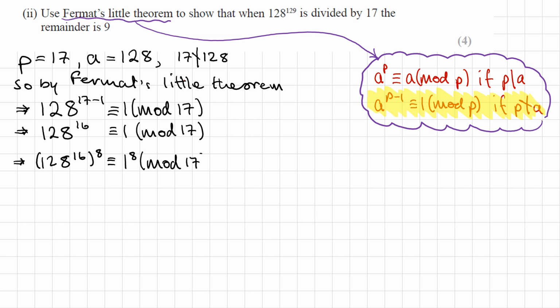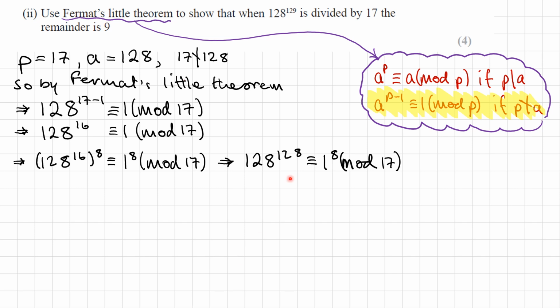So both sides are raised to the same power. So now what I'll have is 128 to the power 128, because we just multiply the power, 16 times 8, 128 is congruent to 1 to the power 8 modulo 17.